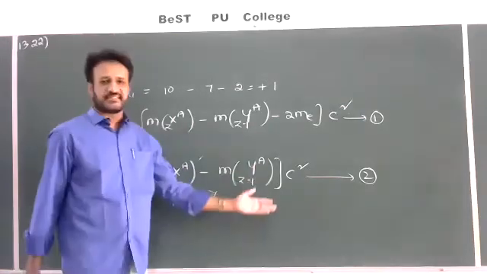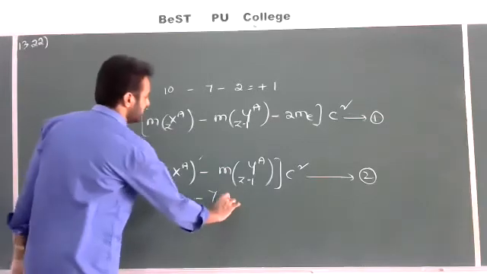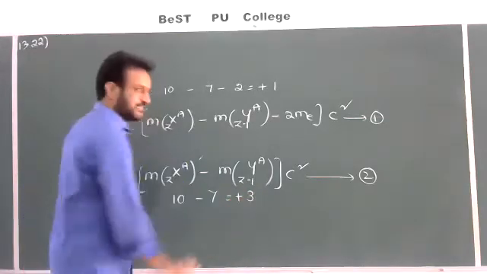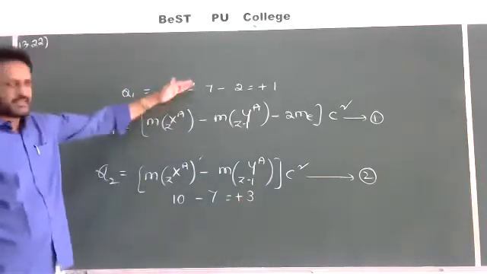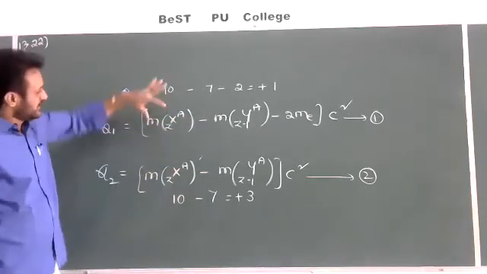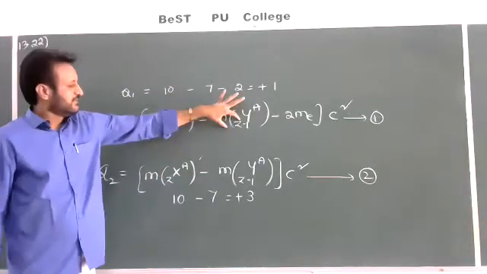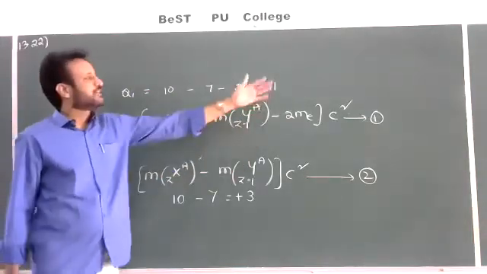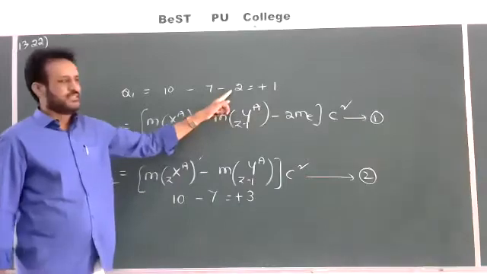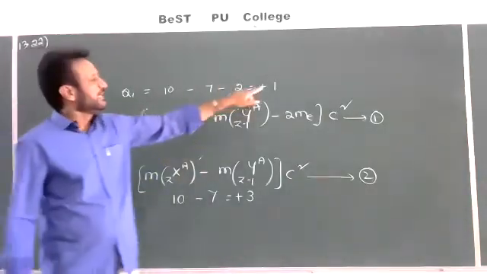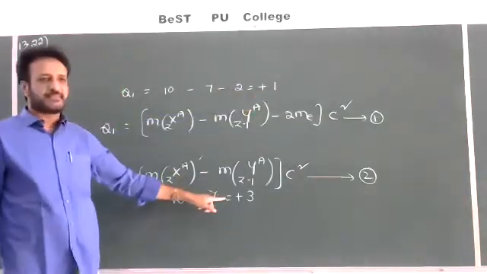But here no electrons, so what is the value? Plus 3. Correct? So the same numbers I have written here and here to compare. Here it is 10, it is also 10. It is 7, this value also 7. But here extra 2 electrons are there. I have written here 2. Then if you simplify the total value, here plus 1, but it is equal to plus 3.